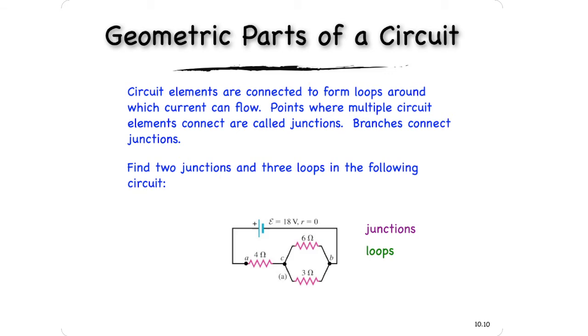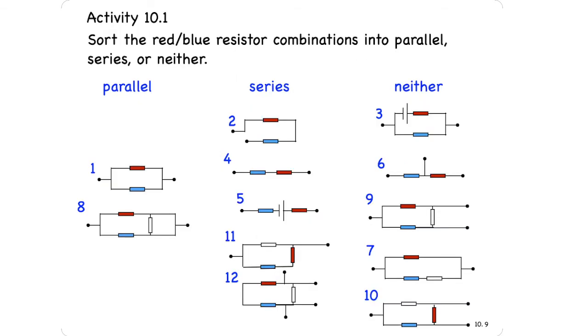Okay, so what we were doing, whether you realized it or not, is looking at these circuits, there are points where the current can split, like this right here. We call that a junction. And if there's a junction between two elements, they're not going to be in series, because the current has an opportunity to split and go one way or the other.